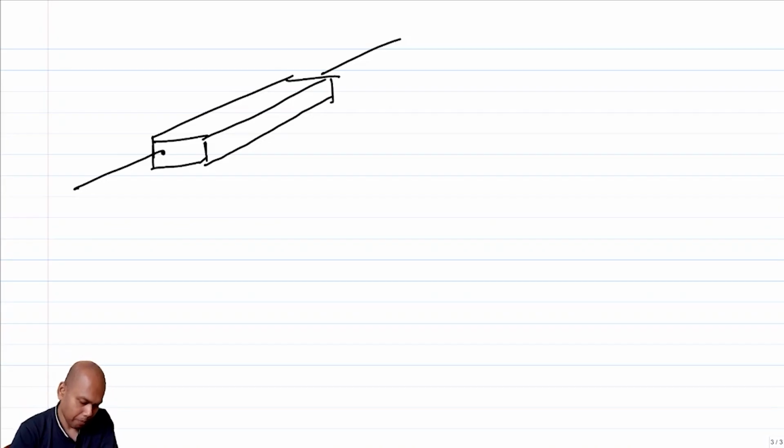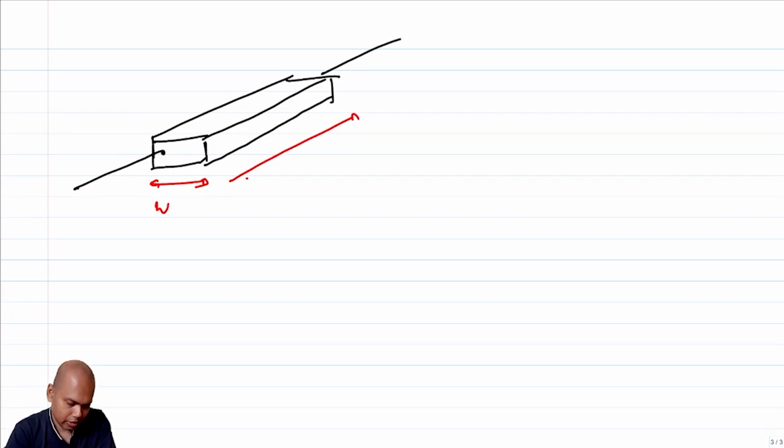So note that the metal has three things. It has the width, it has the length, I should say small l, because capital L I am using for inductance, and here is the height. And as it turns out, this height is not in our control.